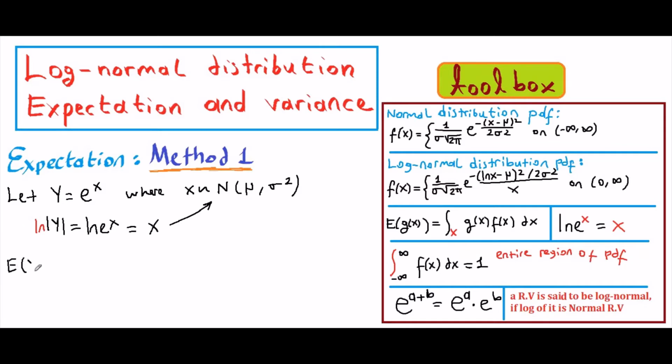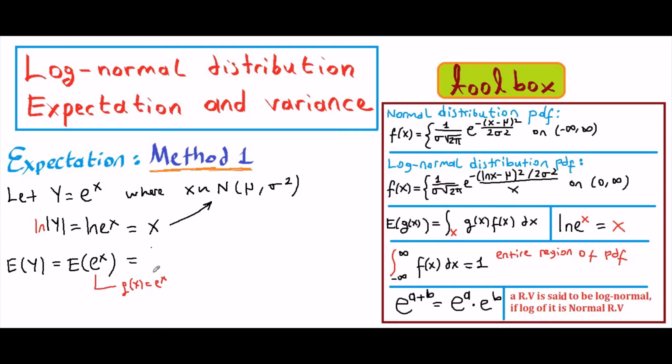So expectation of y will be equal to expectation of e to the x, and expectation of a function by definition is equal to the function times the PDF integrated over the domain. Here our function g of x is e to the x, and our PDF f of x is the normal distribution PDF because our x is normally distributed.